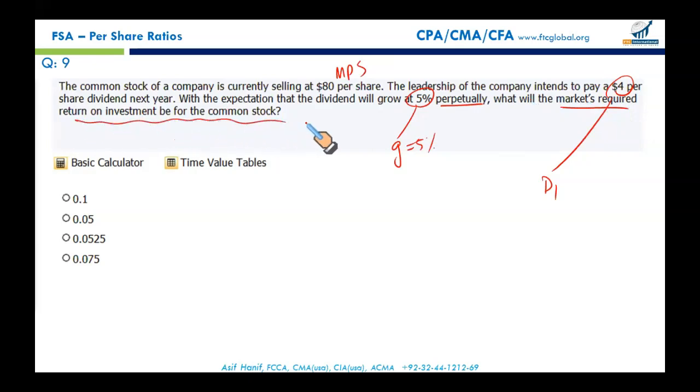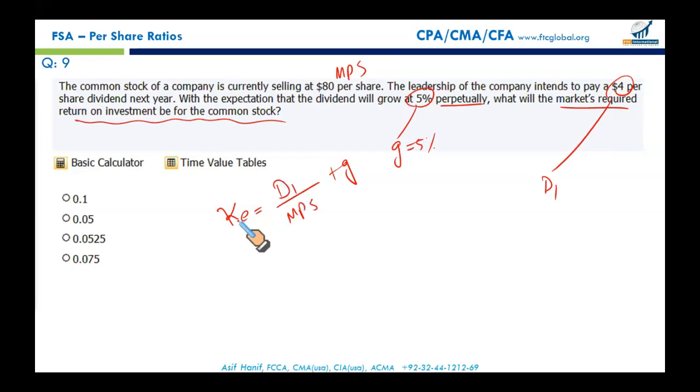Gentlemen, those who haven't read section B, corporate finance, please listen to me carefully. I'm just going to explain a formula which you will use extensively in your section B, corporate finance. We have this formula derived through the dividend growth model or the dividend discount model. Cost of equity is equal to dividend next year upon market price per share plus growth rate. Now let me explain what these legends mean here.